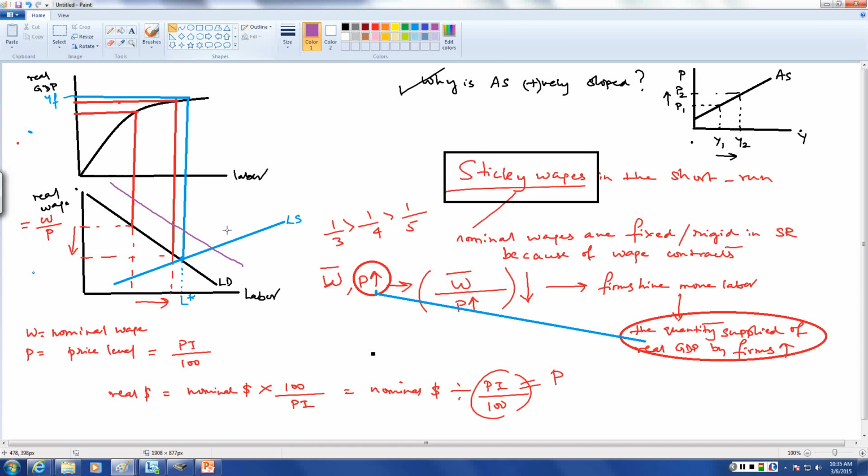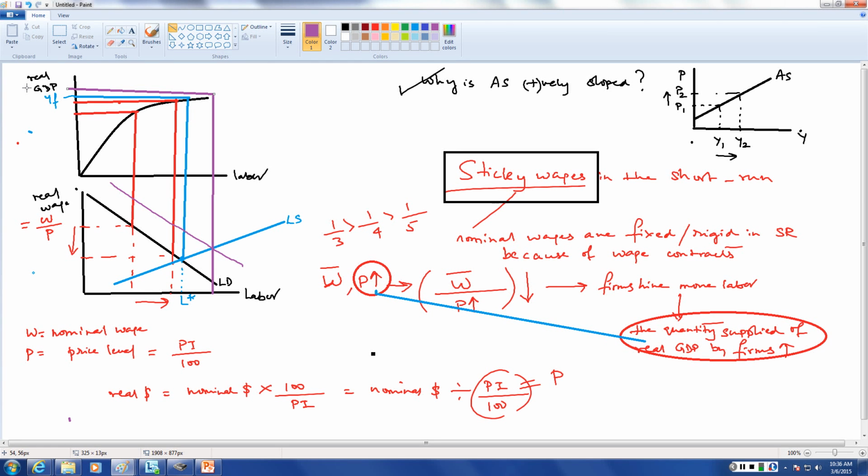The full employment level of employment now increases to that. And when you project this up to the production function, that translates to a higher level of YF. Do you see that? So this could be one factor that causes the economy's potential GDP to go up. Improvements in the productivity of labor brought about, for instance, by improvements in technology.